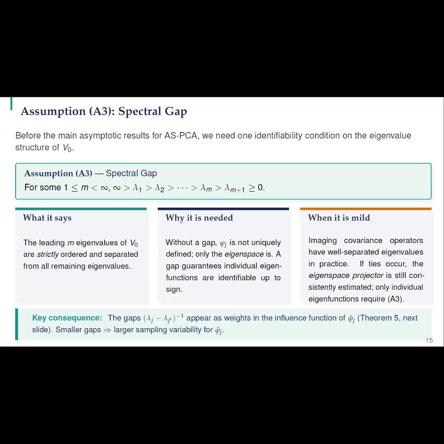If ties occur, the eigenspace projector is still consistently estimated. Only individual eigenfunctions require A3, so we can still get the eigenvalues themselves. This gap will be part of the variance for the limiting value of the functions, at least because we're doing it for just one dimension.